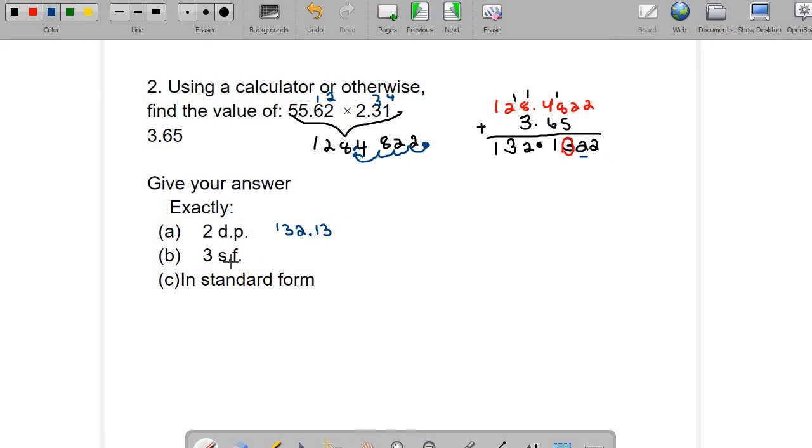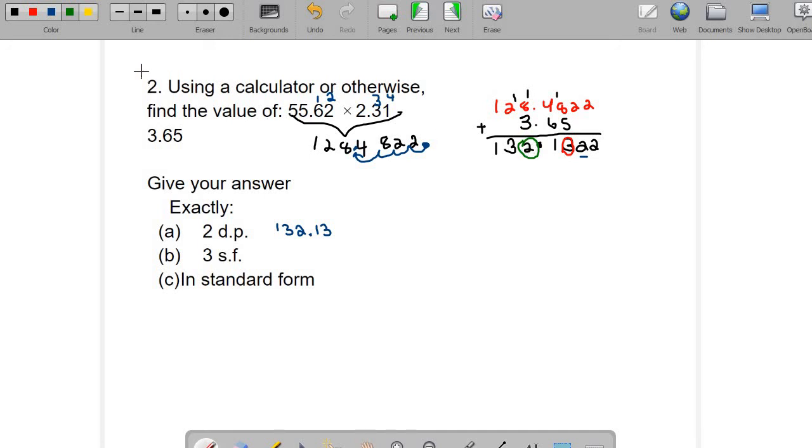Now it's asking us to round to 3 significant figures. That means when we round, we should only have 3 significant figures left. What I'm going to do, I'm going to start by identifying the third significant figure. So it's similar to when you're rounding normally. So you're going to start by identifying the digit that is the third significant figure, which would be this 2.